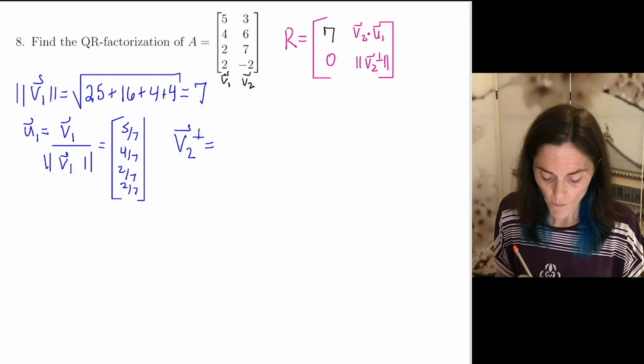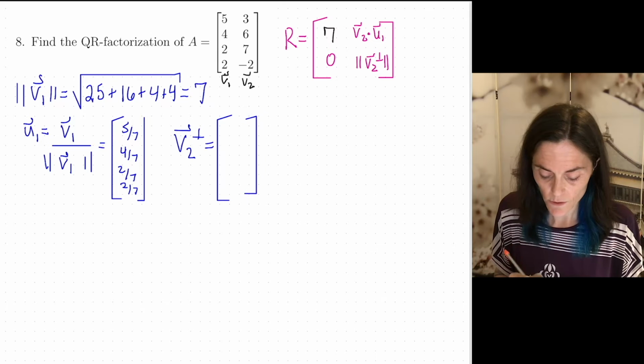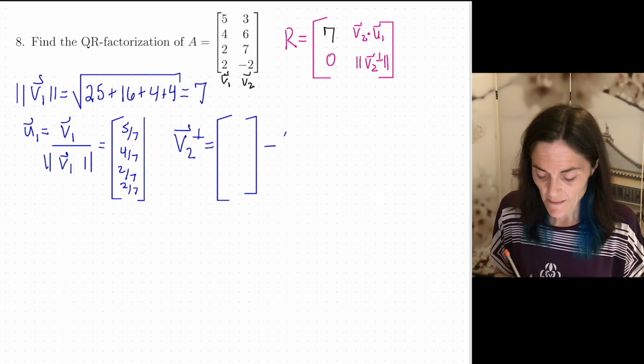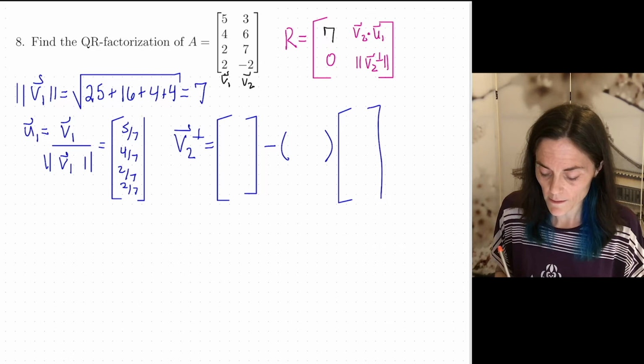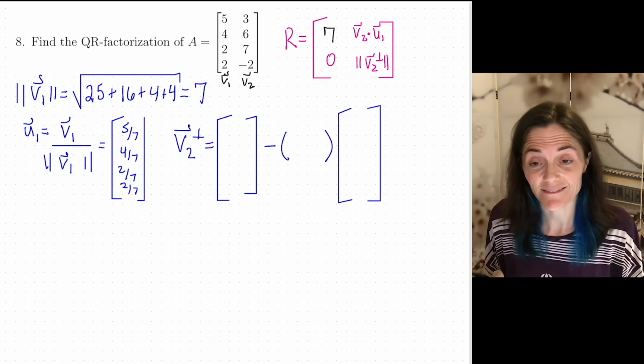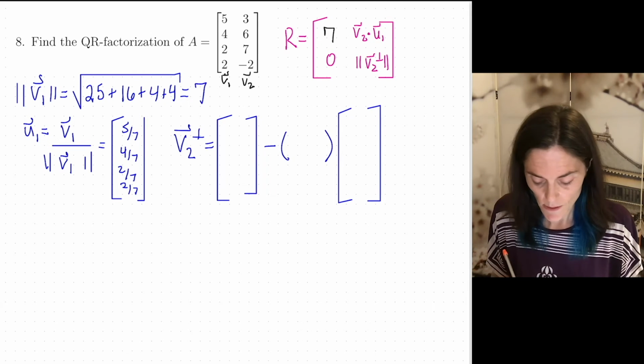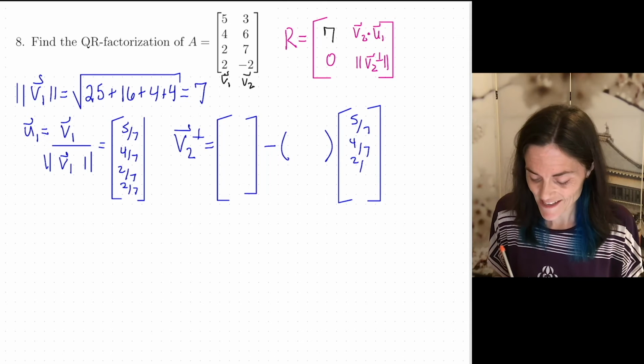vector. We take V2, maybe I'll go ahead and write it. This is V2 minus, this will be a dot product, and then times U1, just like we did in the last exercise. So here is U1: 5 over 7, 4 over 7, 2 over 7, and 2 over 7.